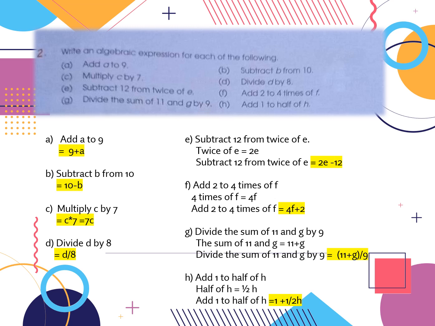For part D, we have to divide D by 8. So D comes in the numerator and 8 comes in the denominator, and the expression becomes D by 8.